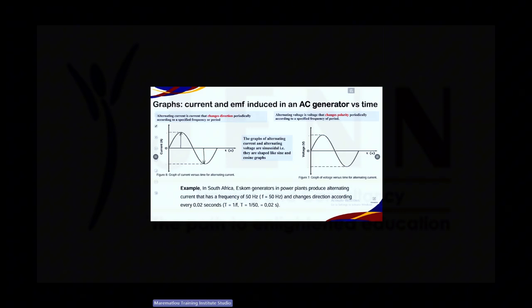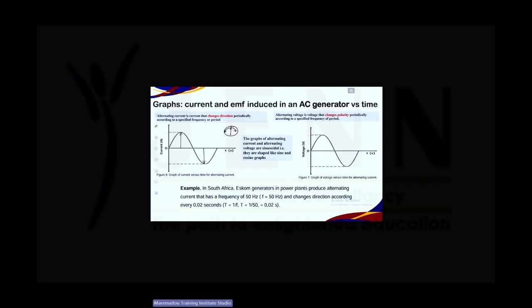Now, if you remember from last year, you had a galvanometer. That galvanometer had a needle. If you push the magnet into the solenoid, it's either going to deflect to the one side or to the other side. So if you push the magnet into the solenoid, it would deflect to the right side.